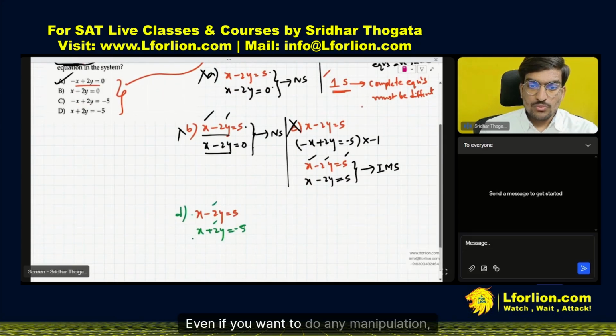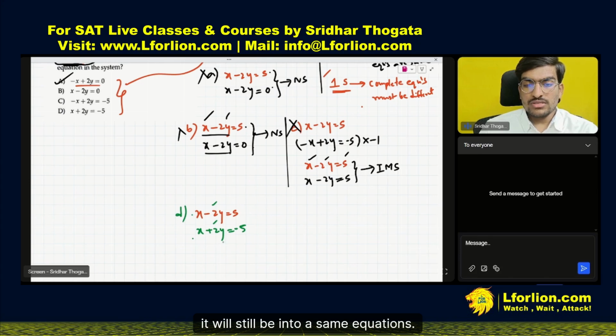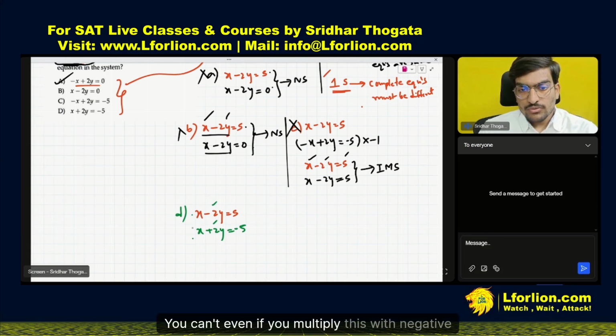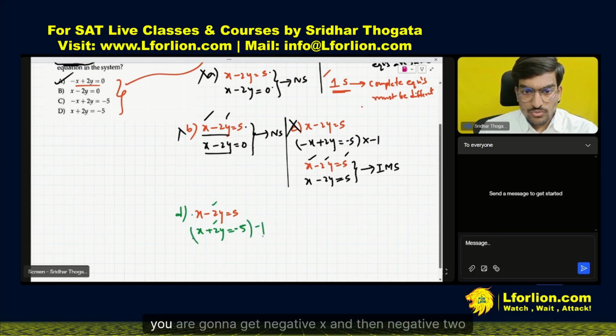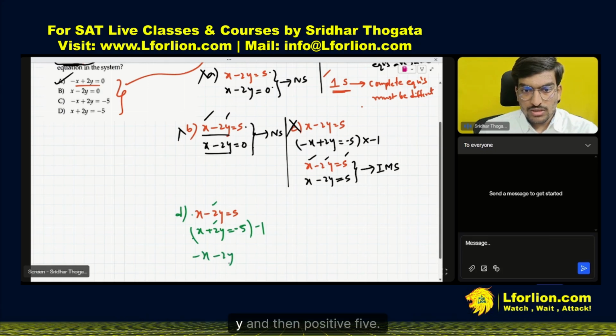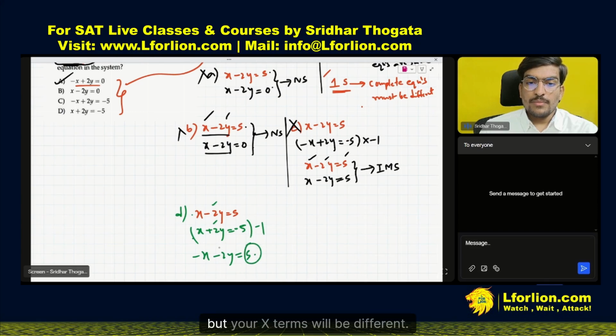Even if you want to do any manipulation, it will still be the same equations. What does that mean? Even if you multiply this with negative 1, you're going to get negative x and then negative 2y and then positive 5. So if you do that, constants are same, but your x terms will be different.